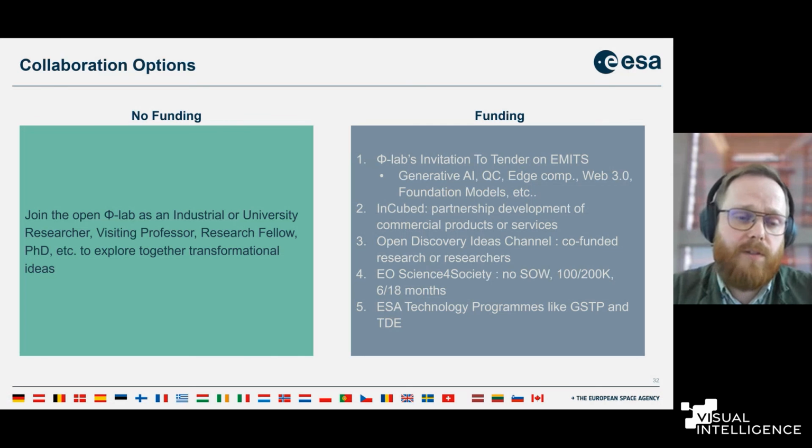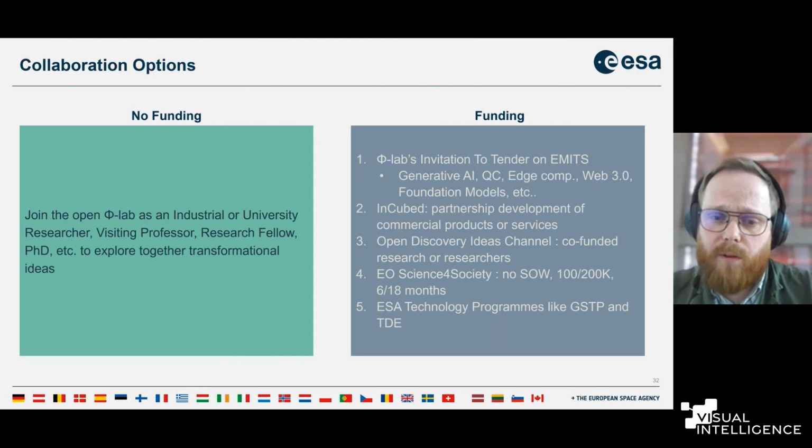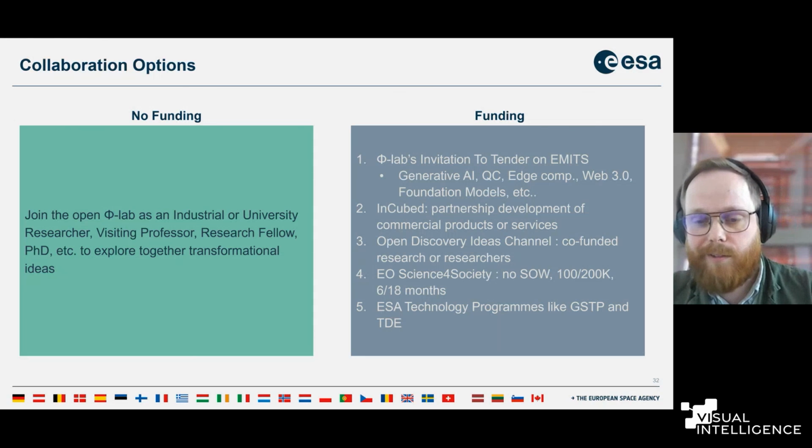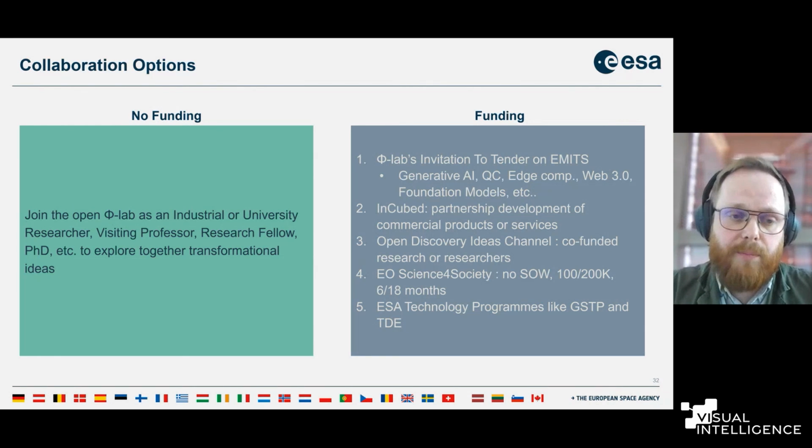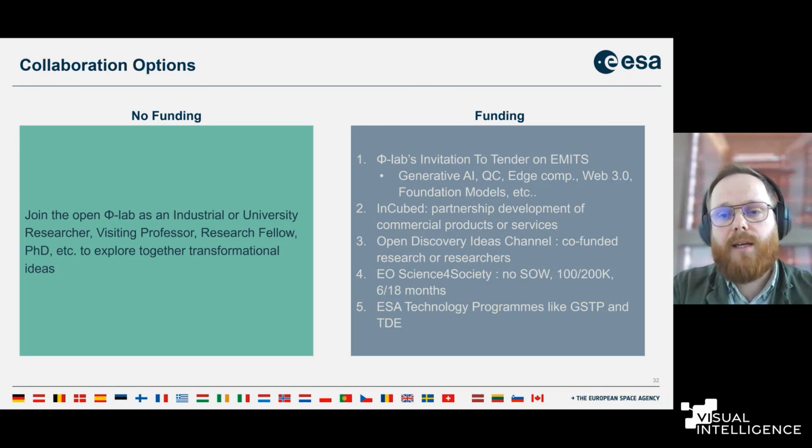So please reach out if this is something you are interested in. There's also a lot of opportunity for getting funding through the Phi-Lab's initiatives. The biggest of these are probably the Incube project. Go on our website, phi-lab.esa.int, and check out these opportunities.